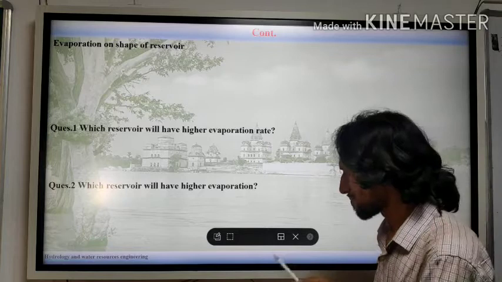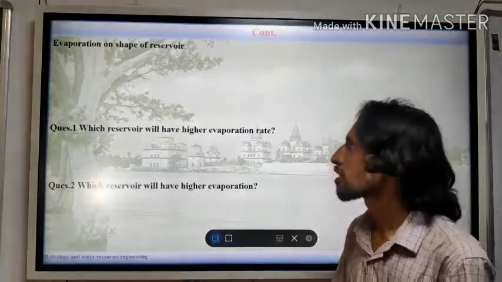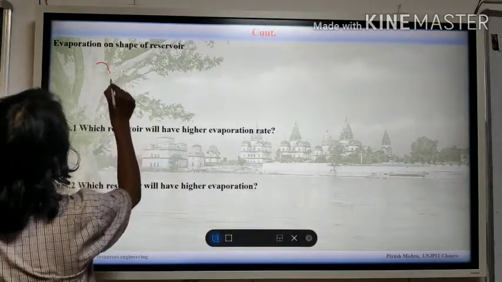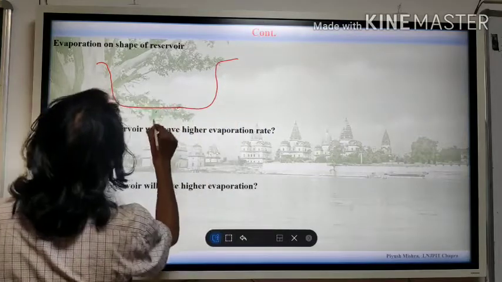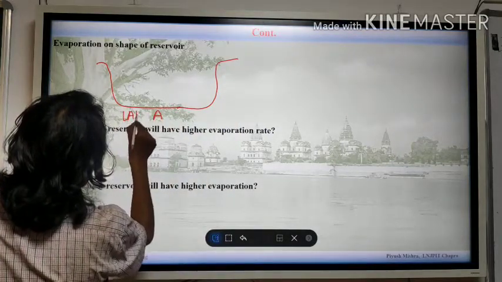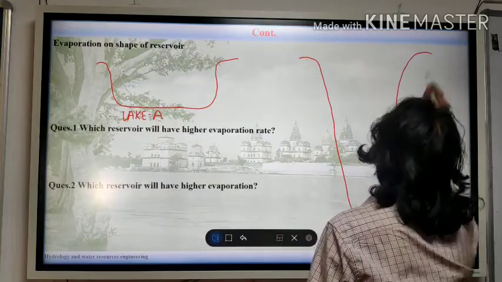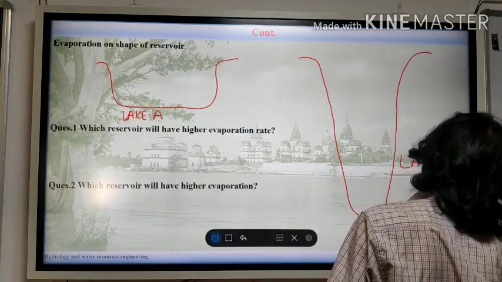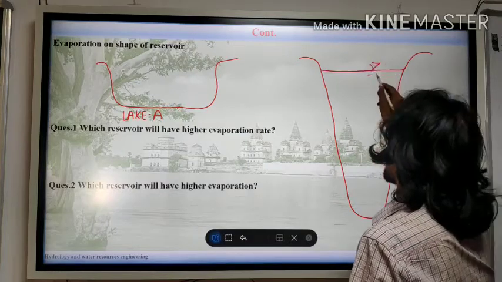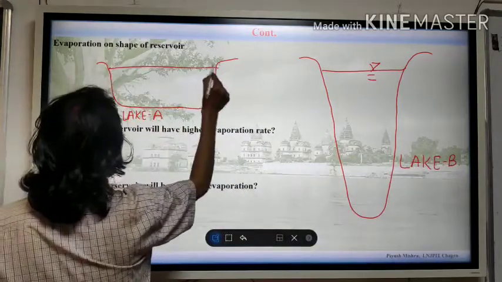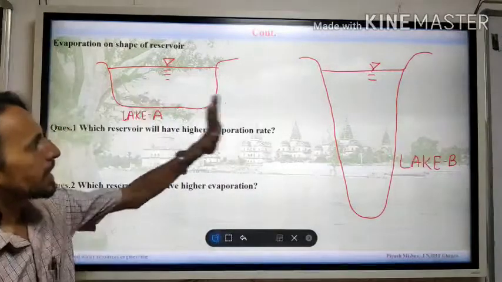Now if I put a question to you, let me draw something. Let us say there are two lakes.